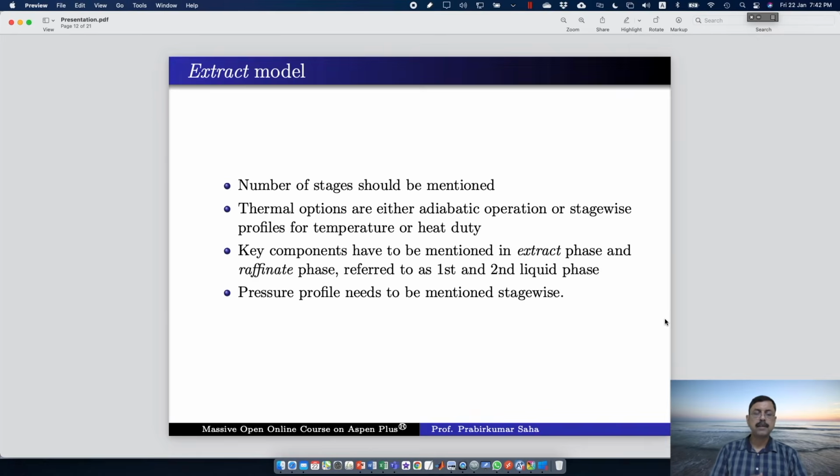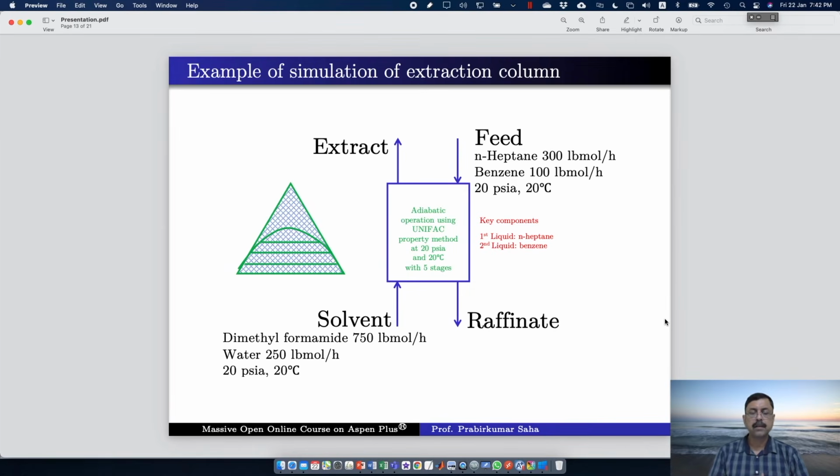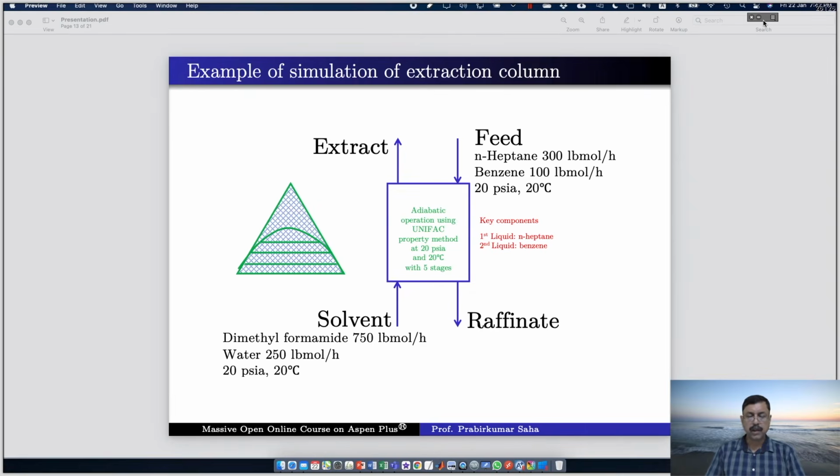So to understand it, let us take the example for simulation of an extraction column. In the extraction column, we have a feed of a mixture of N-heptane and benzene, whose flow rates are 300 pound-moles per hour for heptane and 100 pound-moles per hour for benzene.